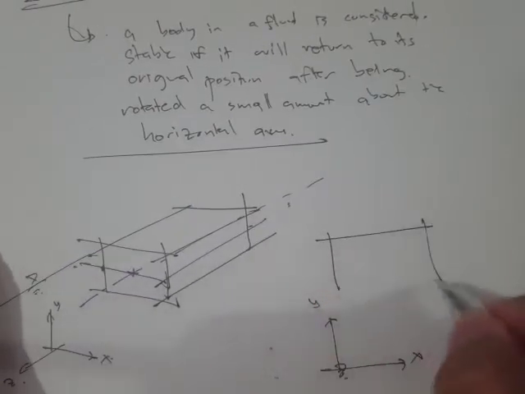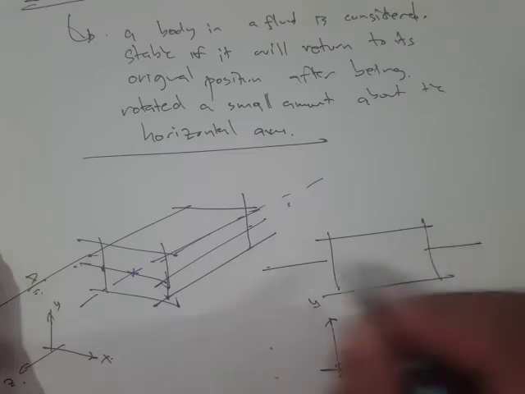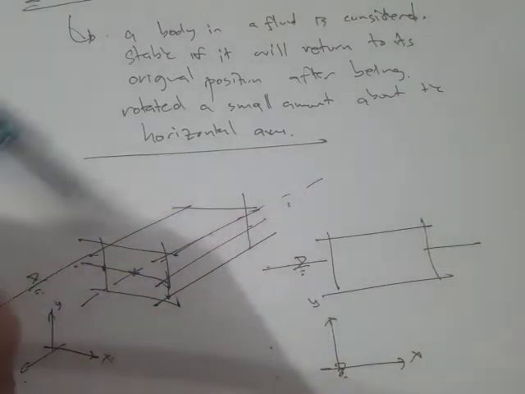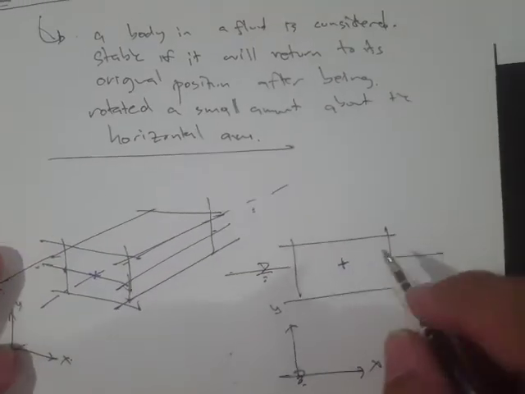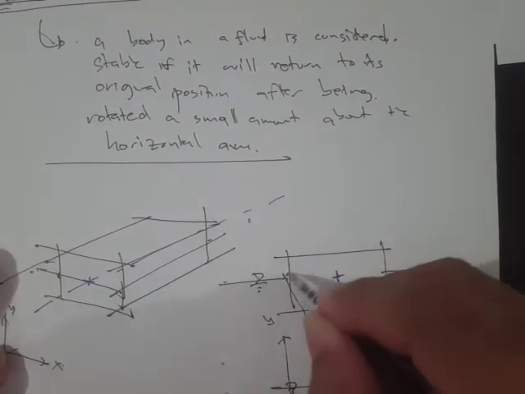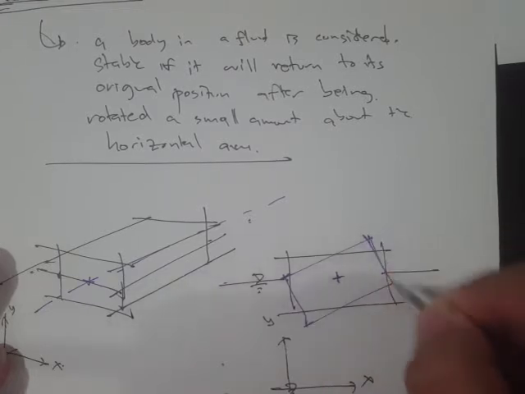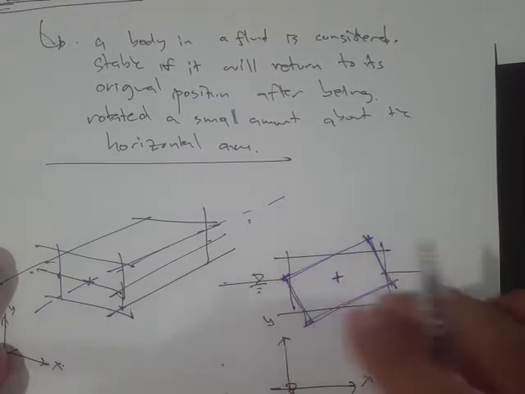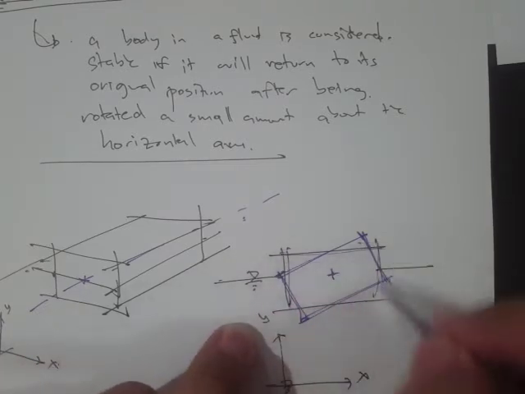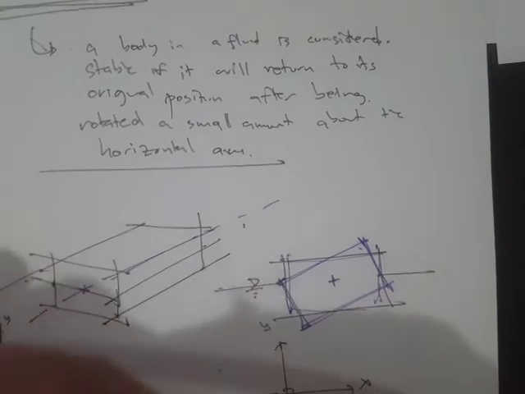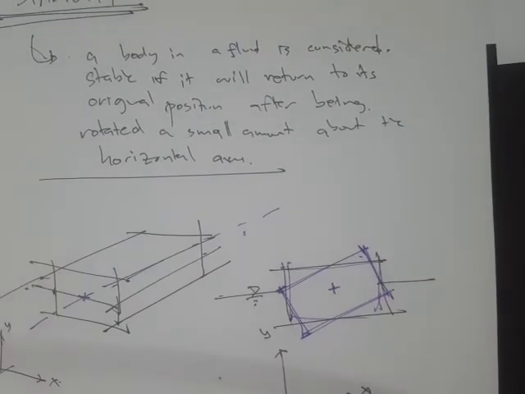If this is our body and this is our free surface, then this is our axis of rotation. If we rotate this body in this position and it returns back to the original position, then it is said that the condition is stable, or the body is stable.